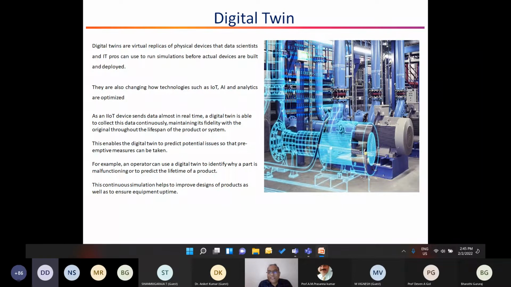That is nothing but creating a digital twin. So what do we mean by a digital twin? If you notice the little diagram on the right side, on one side I have the actual machine, and on the other side you can see that a virtual image is created there. That is basically what the digital twin is, right?